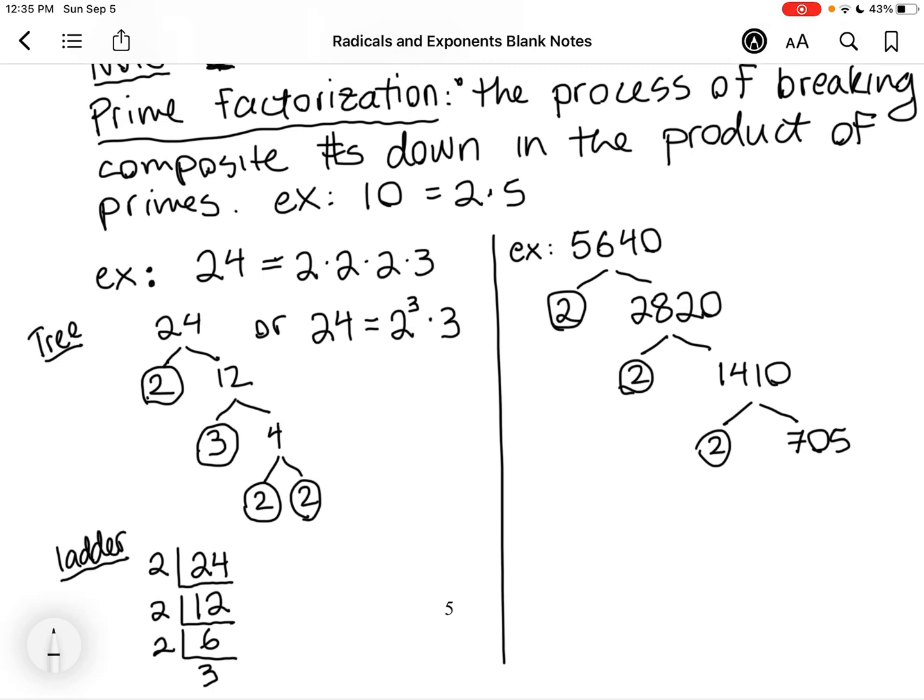So that's the end of my 2s, but I believe it's divisible by 3. So I believe that when I divide this by 3, I get 235, because 600 divided by 3 is 200, and then 105 divided by 3 is 35. So this should be 235.